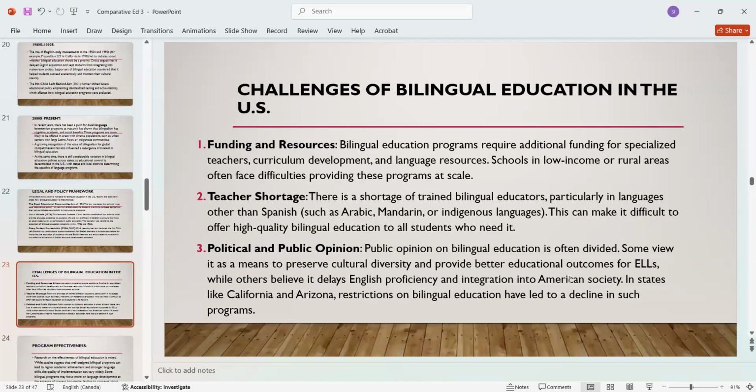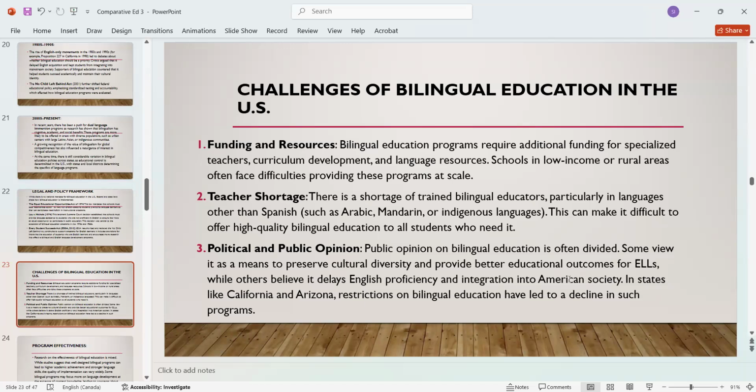So when they are implementing these types of policies in language, definitely they have to face a lot of challenges, right? One challenge is funding and resources. Bilingual education programs require additional funding for specialized teachers, curriculum development, and language resources.